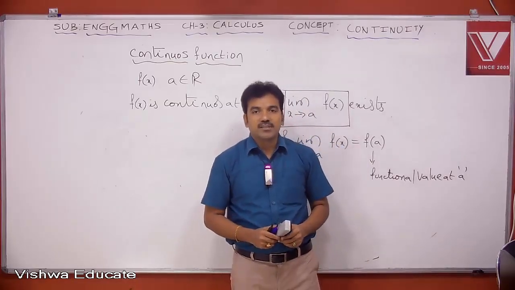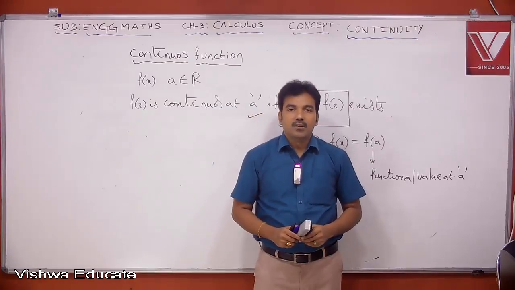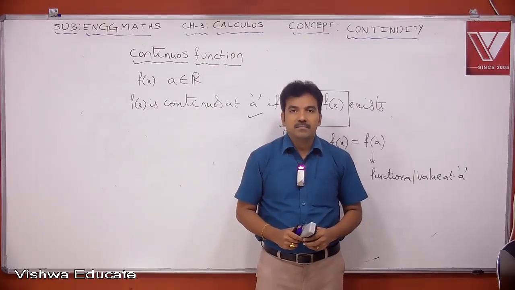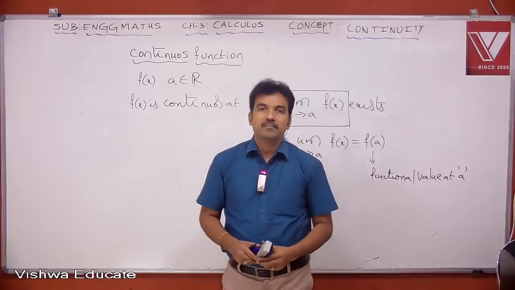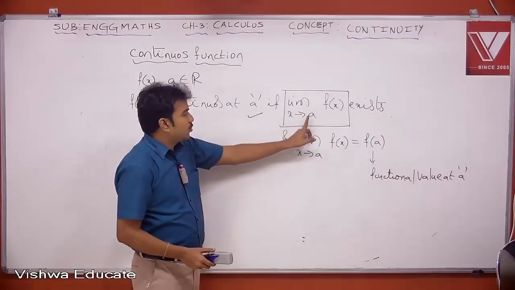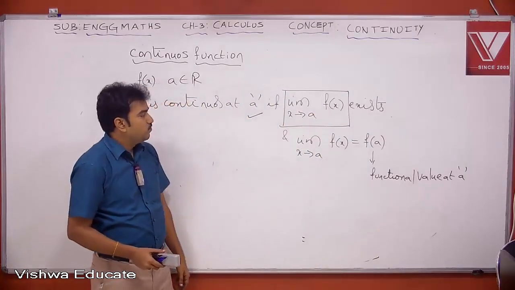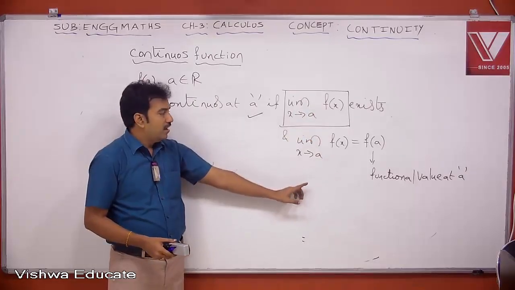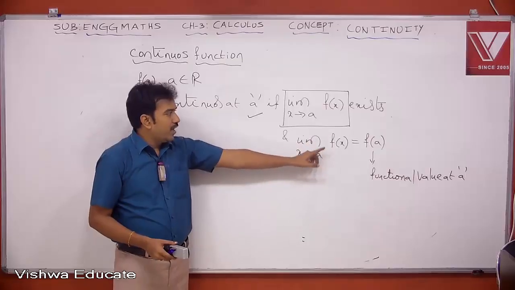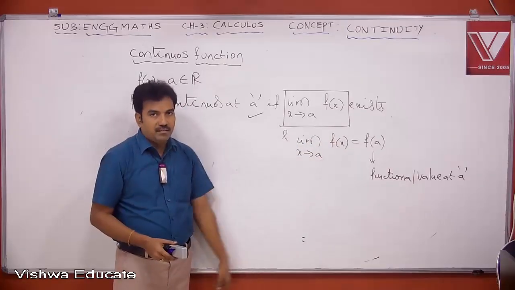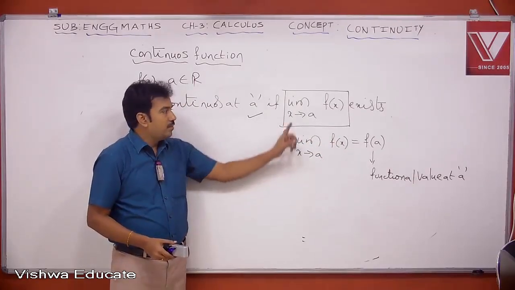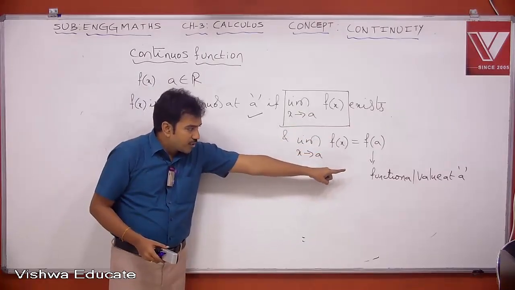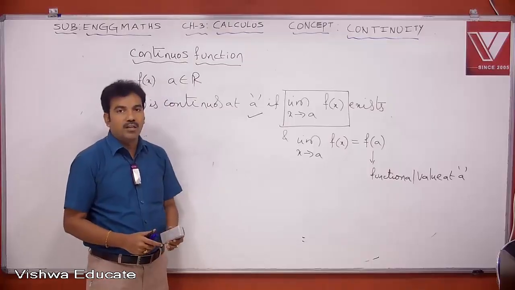We say that f of x is continuous at a if limit x tends to a, f of x exists, and limit x tends to a, f of x equals f of a. There you write the point, functional value at a.